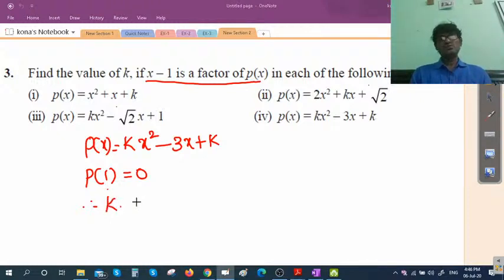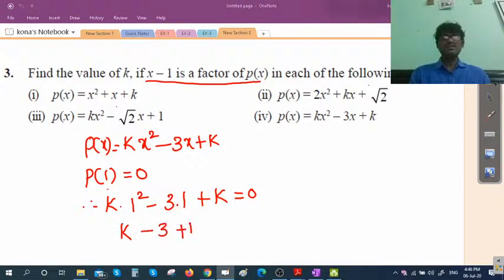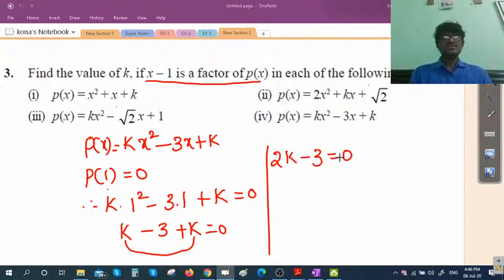So we get k into 1 square minus 3 into 1 plus k, which is equal to 0. 1 square means 1, k into 1 is k, minus 3 into 1 is 3, plus k, equal to 0. k plus k means 2k, then minus 3, equal to 0.